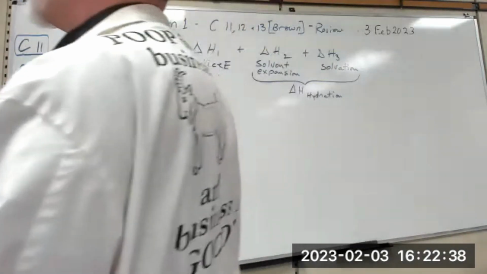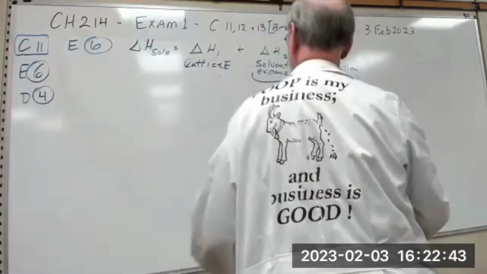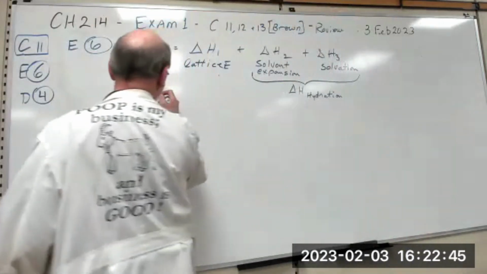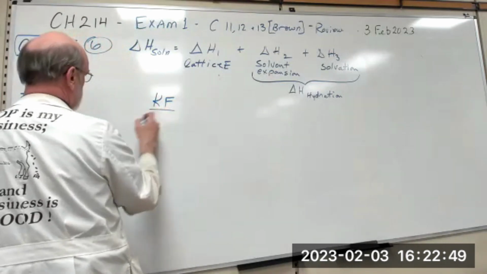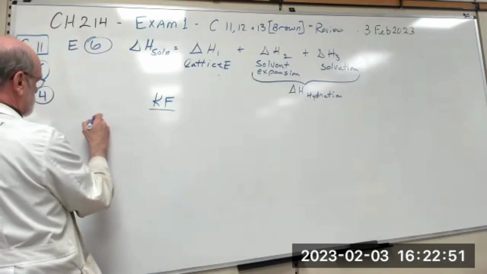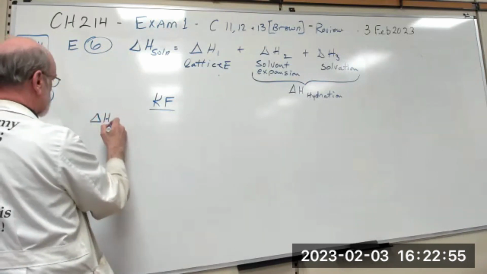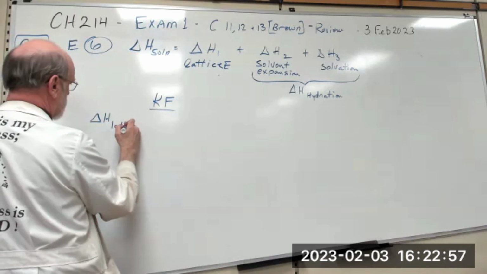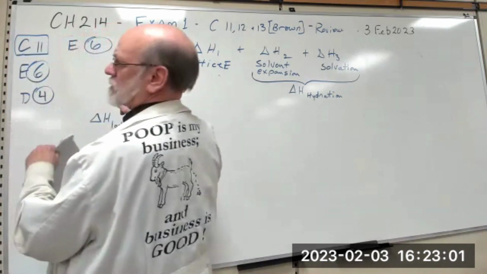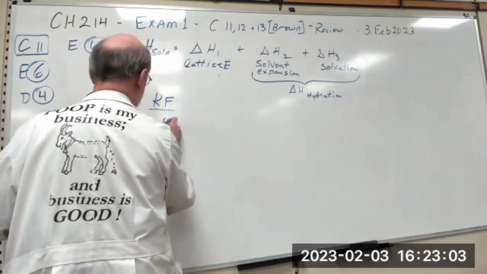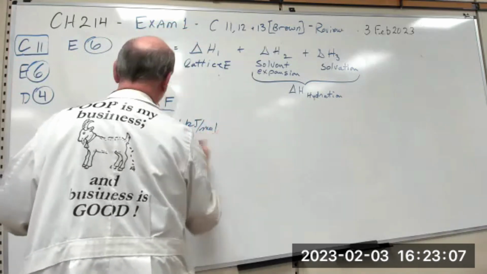Okay, so what are we given? Well, we're given that the lattice energy for KF, delta H lattice, equals minus 804 kilojoules per mole.